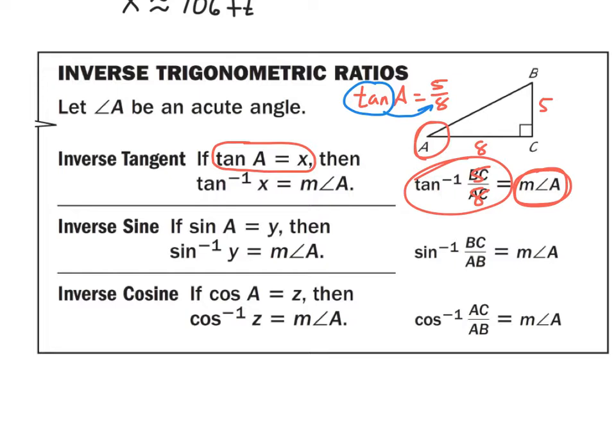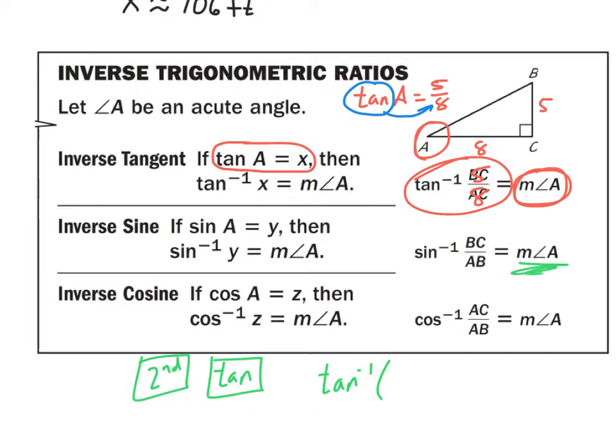To find it on the calculator, you push the second key, and then you push the tangent key, and you should get inverse tangent on your calculator. There's an inverse tangent, an inverse sine, and an inverse cosine, and all of these allow us to solve for missing angle measures.